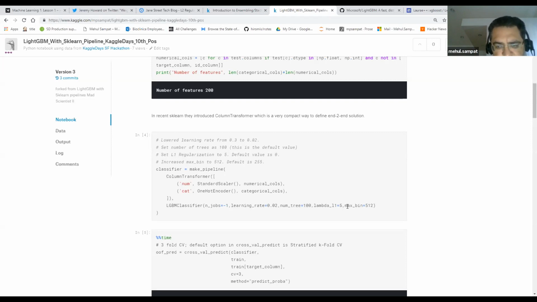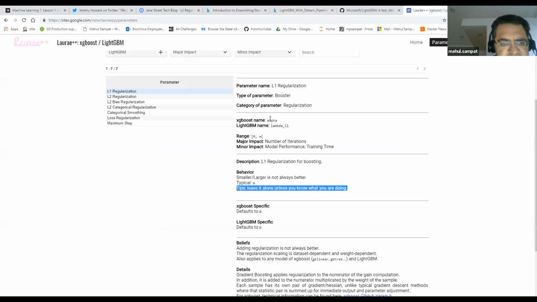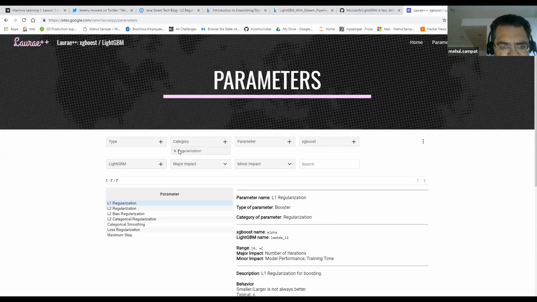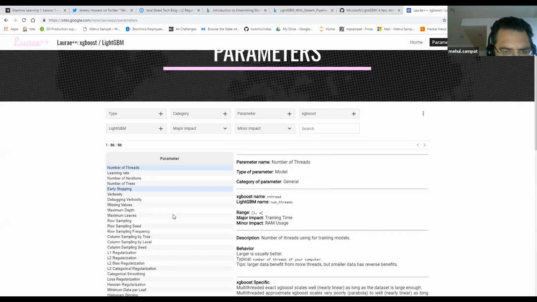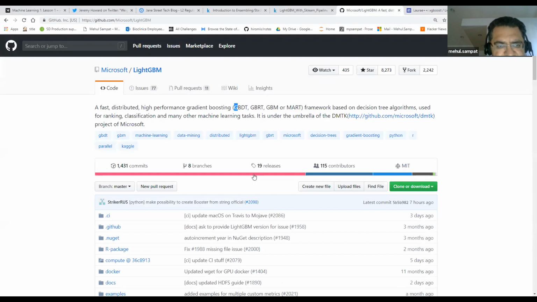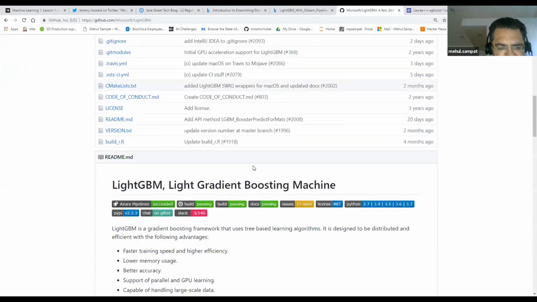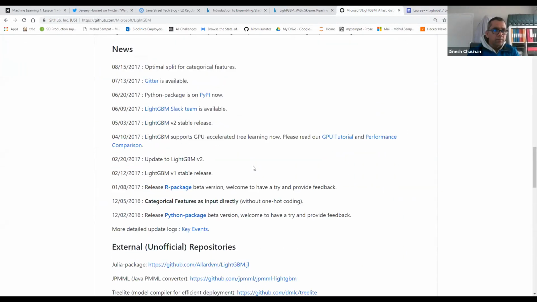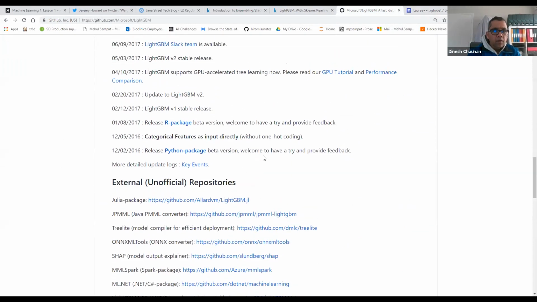So one other new parameter we learned while going through this competition is how do I show all of them? Okay. Do you see this page about Microsoft LightGBM? Microsoft LightGBM had some notes about what parameters to change if you want higher accuracy, what parameters to change if you want to avoid overfitting, and speed.